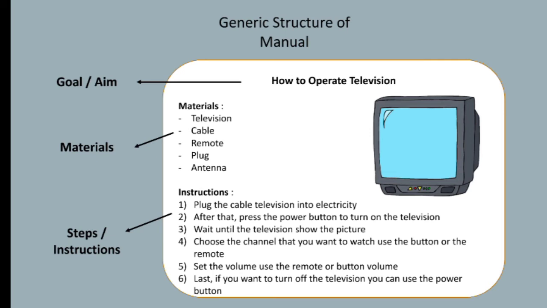The materials are the television, cable, remote, plug, antenna. Okay, next we have the steps or instructions. We have many instructions on how to operate television. And the first one, plug the cable television into electricity. After that, press the power button to turn on the television. Wait until the television shows the picture, and many more.